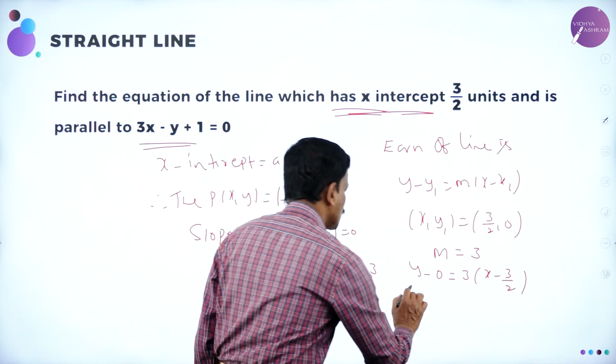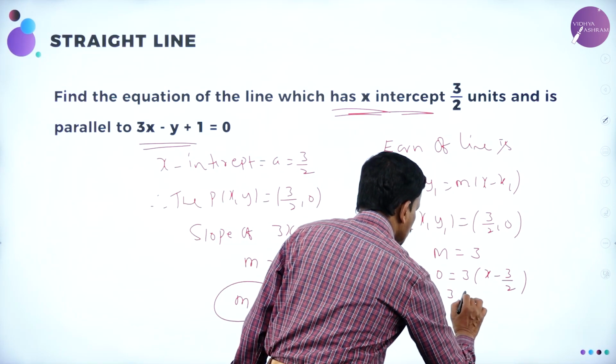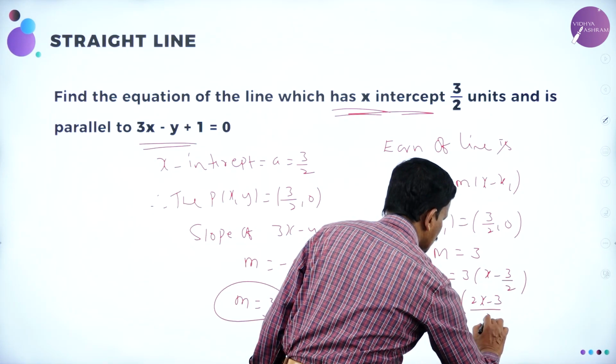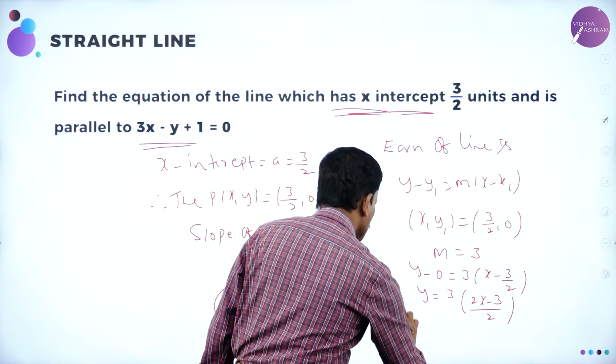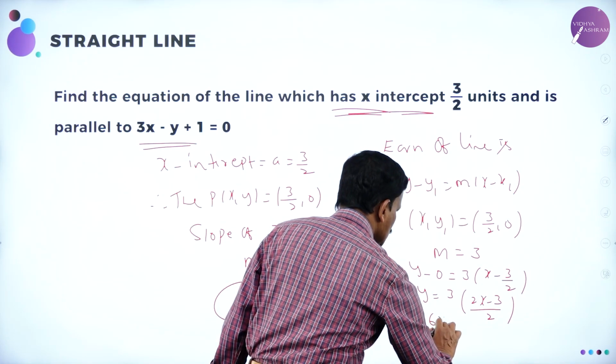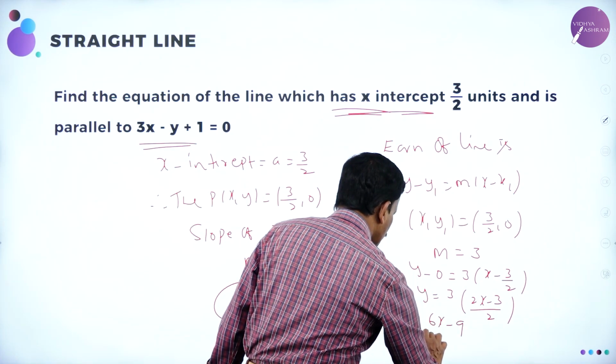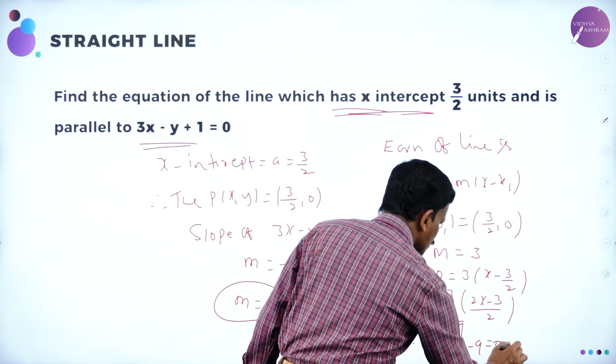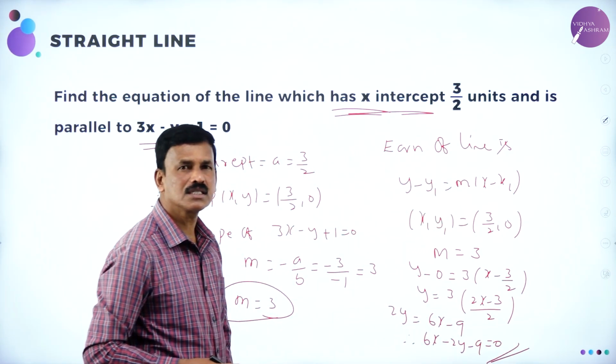So this can be written as y is equal to 3 times, take LCM, 2 is LCM, (2x minus 3) divided by 2. Now cross multiply it. 2y is equal to 6x minus 9. Therefore, 6x minus 2y minus 9 is equal to 0 is the equation of the line. That's it. Okay.